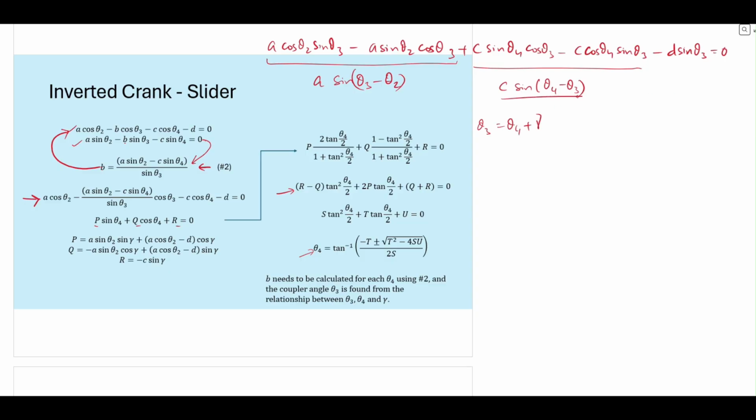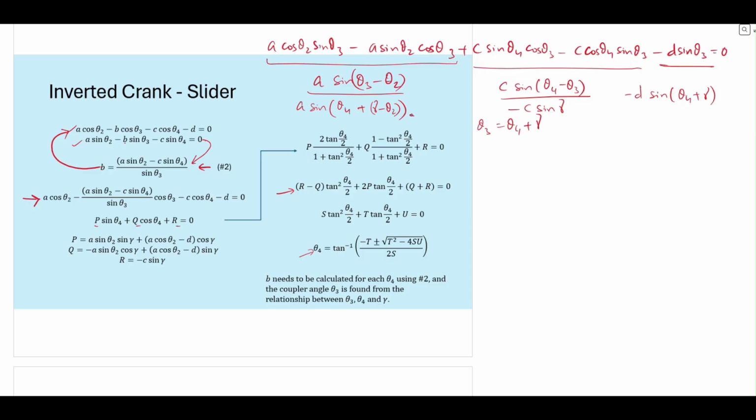So this becomes minus c sine gamma. This becomes a sine of theta 4 plus gamma minus theta 2, and this becomes minus d sine of theta 4 plus gamma.